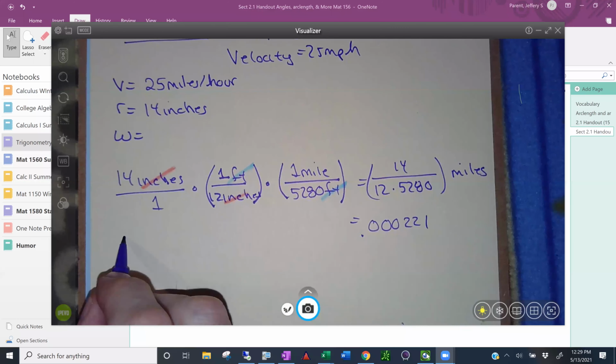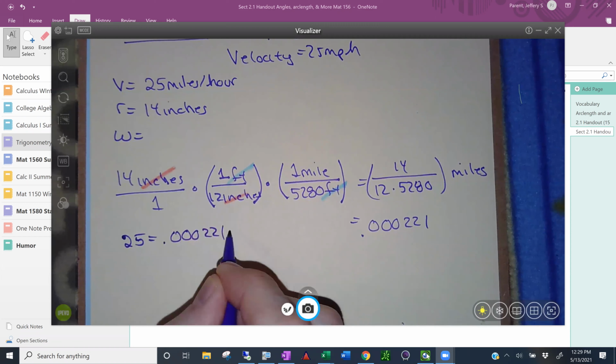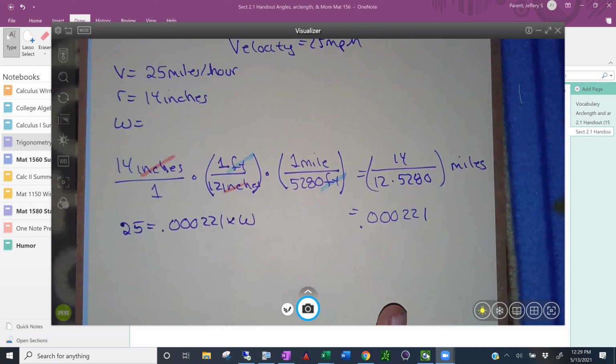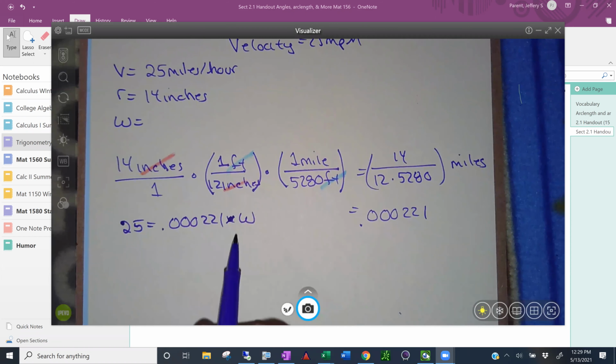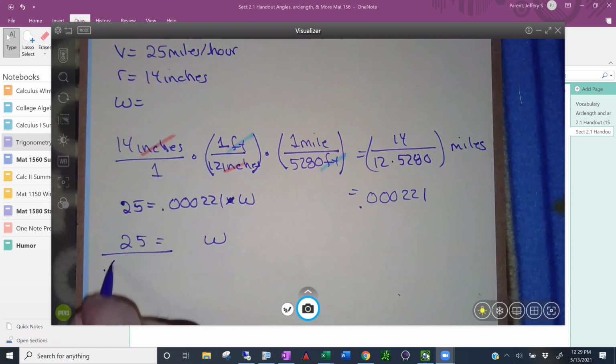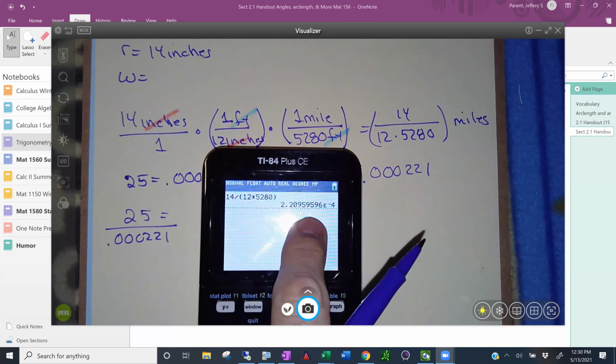All right, almost done. Let's see, 25 equals 0.000221 times W. How do you solve for W? 25 divided by that. Yes, thank you. So I'm just going to use this number because it's already here on my calculator.